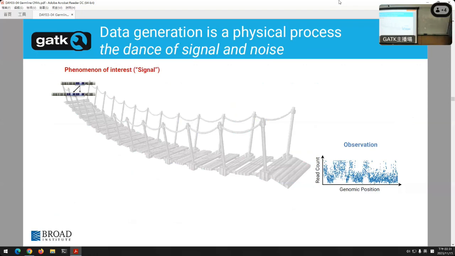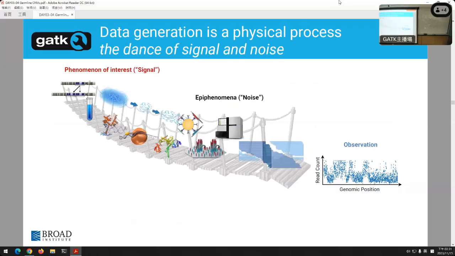And in between that signal and observation, there's a lot that happens. There's the sample extraction, the library prep, the sequencing, the alignment, and all of those steps, those epiphenomena, create noise as we go from our signal to our observation.